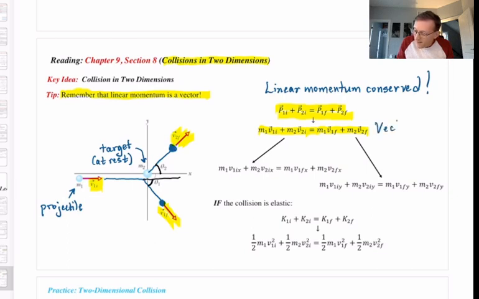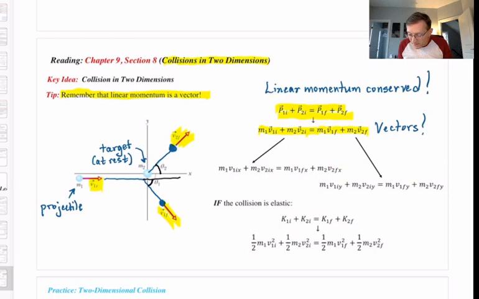So what we really have to do is deal separately with the x and y components. That's why I've drawn off two lines going off from there, because there's really two equations there. One where all the velocities are x components, and a separate equation where all the velocities are y components. So let me note those.